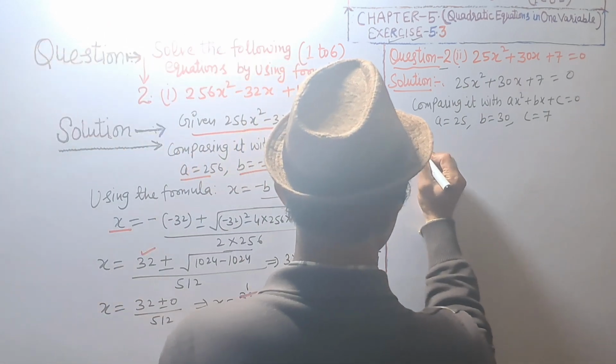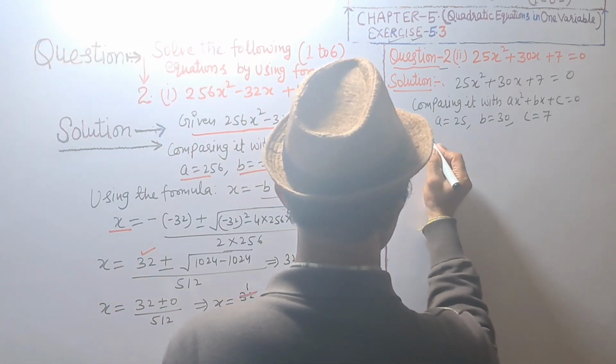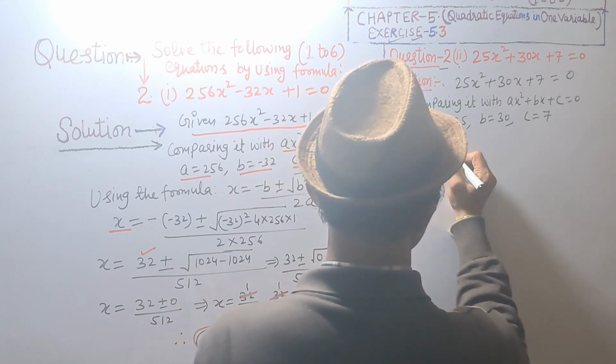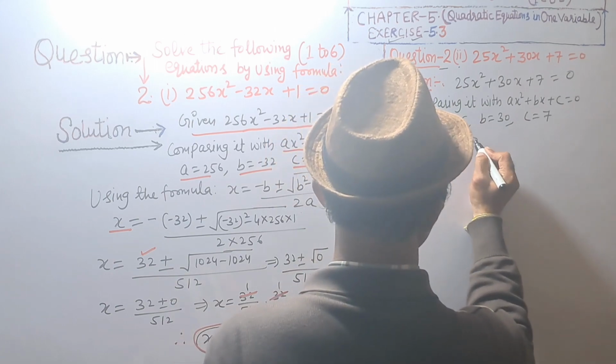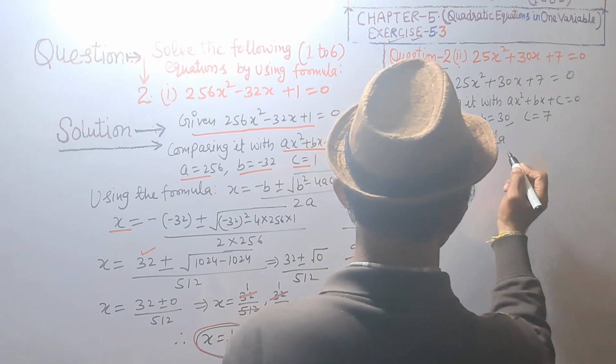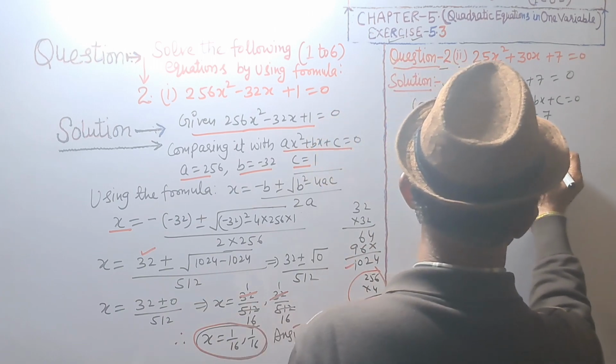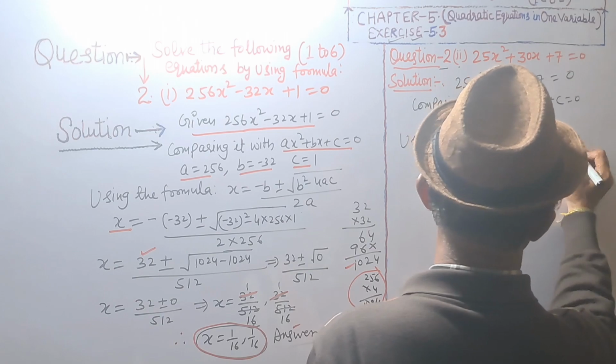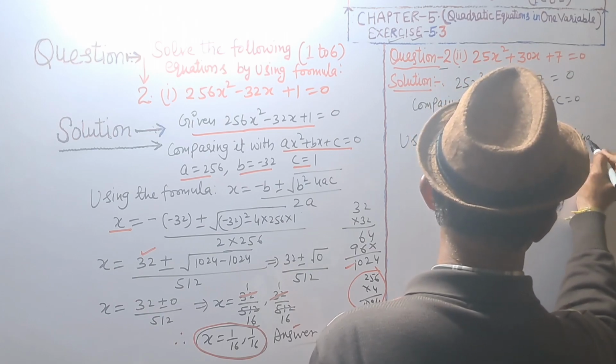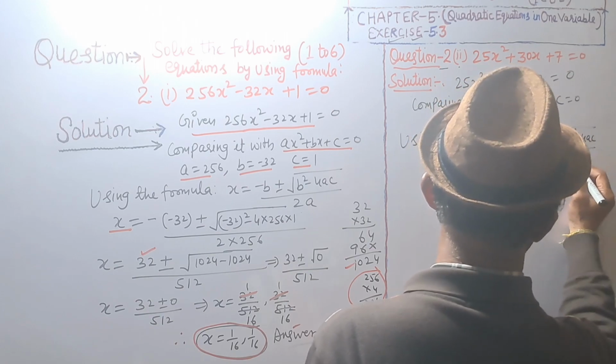Using the formula x is equal to minus b plus minus root b square minus 4ac upon 2a.